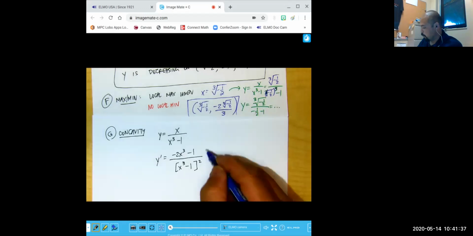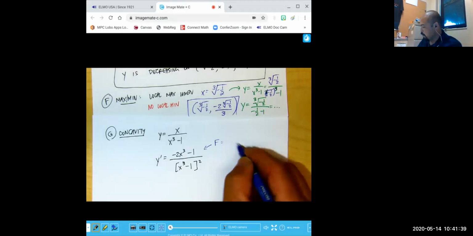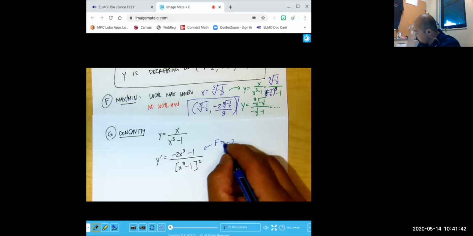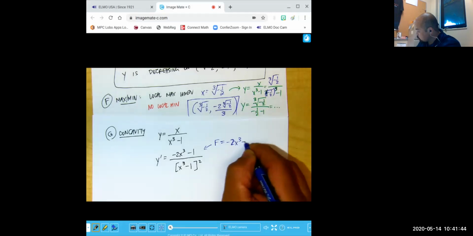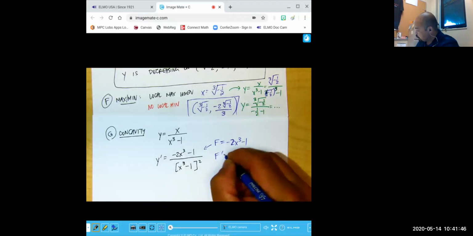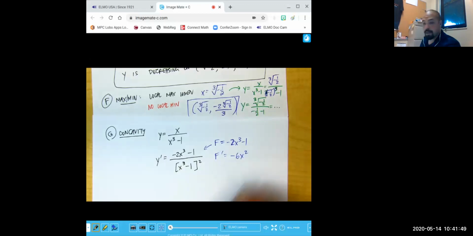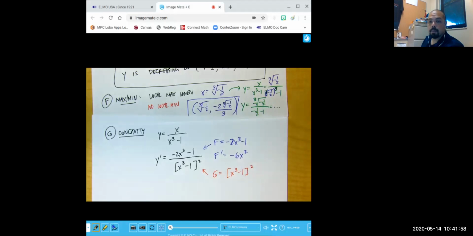So if we need to, my f, my numerator, negative 2, x cubed minus 1, its derivative, negative 6x squared. My denominator, that binomial squared. Derivative here, chain rule. The outer function, the fact that we were squaring. Then our inner function, 3x squared.